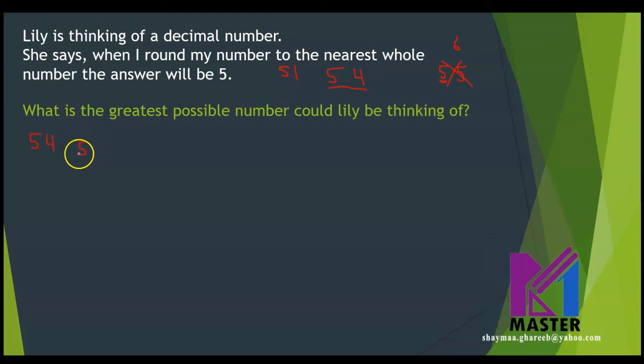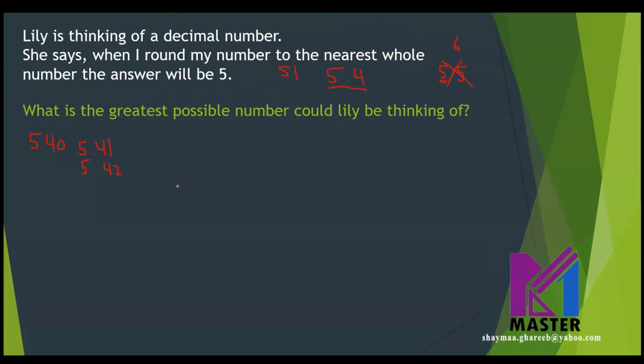What are these numbers? If I use 2 decimal place numbers, I will find 5.41, because we said 5.4 is the same as 5.40 or 5 and 40 hundredths, and 42 hundredths and 43 hundredths. So all these numbers are between 5.4 and 5.5.